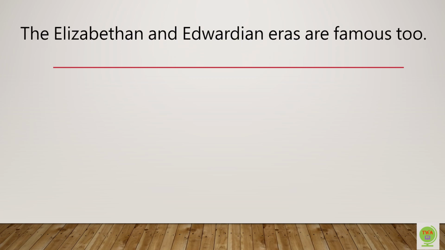Our next sentence, the Elizabethan and Edwardian eras are famous too. Please select again what type of adjective we have here. Is it a proper adjective or a predicate adjective?